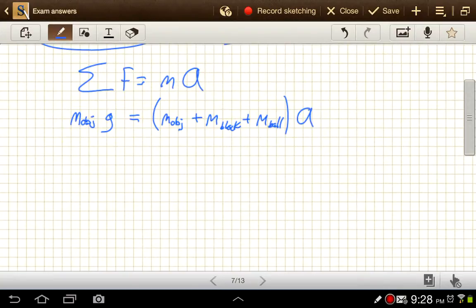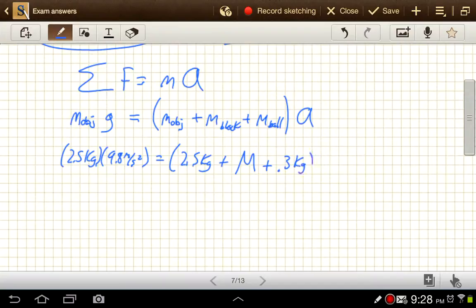Alright, so we got 2.5 kilograms is the mass of the object times 9.8 meters per second squared is equal to 2.5 kilograms plus the mass of the block they just call capital M plus the mass of the ball was 0.3 kilograms times the acceleration we found in the last part was 3.6 meters per second squared.